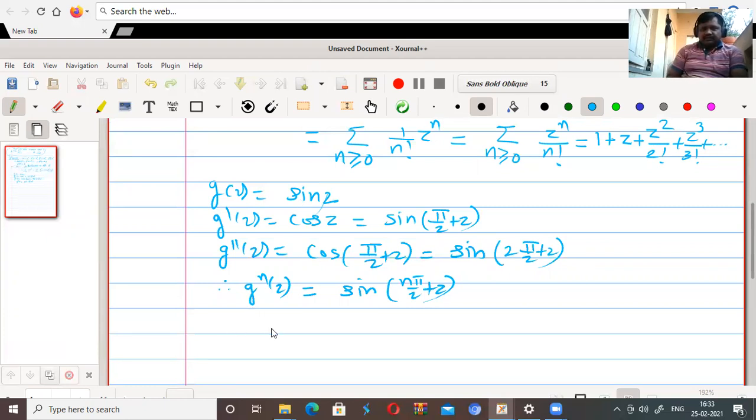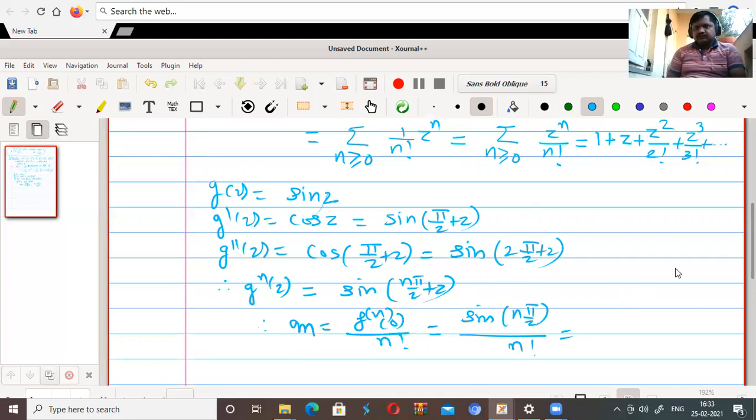then a_n becomes, what about a_n? f n at 0 upon n factorial. What is f n at 0? sin n pi by 2 divided by n factorial. What about sin n pi by 2? We know that sin pi by 2 is 1. sin 2 pi by 2 is 0.